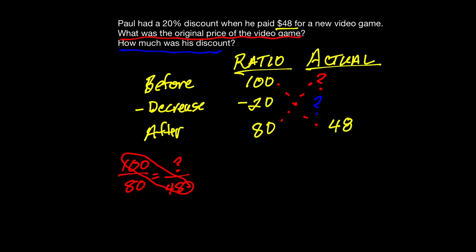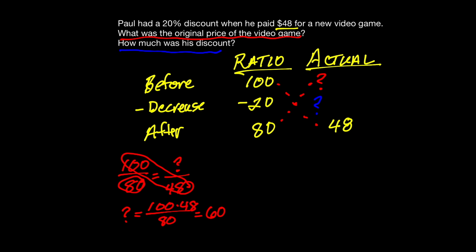This is the known product. This is the known factor. So we would type into our calculator, what's 100 times 48? And then we would divide that product by 80. And if we do our math correctly, we should come up with an original price of $60. All right, good job. So let's look at the next one.